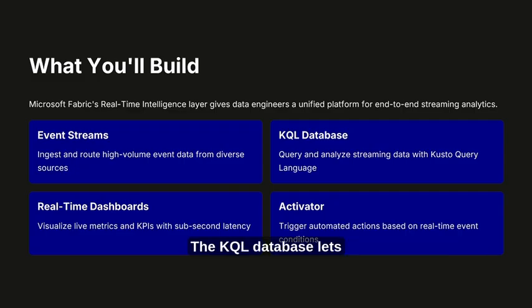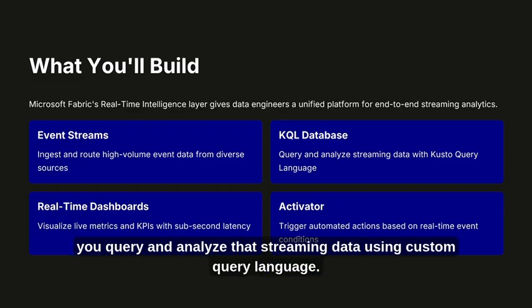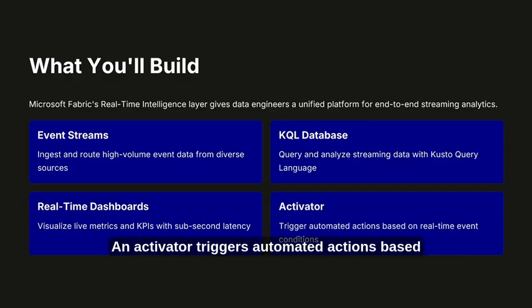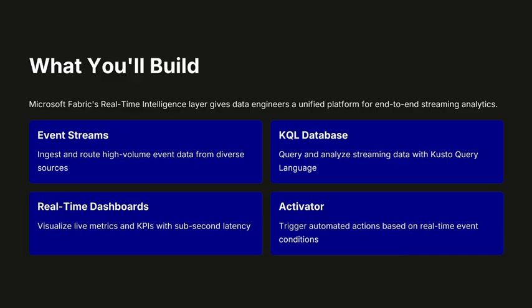The KQL database lets you query and analyze that streaming data using Kusto Query Language. Real-time dashboards visualize live metrics and KPIs with sub-second latency. An activator triggers automated actions based on real-time event conditions. Ingest, query, visualize, act, that's the loop.